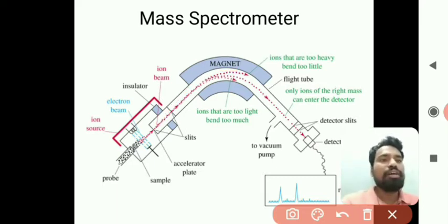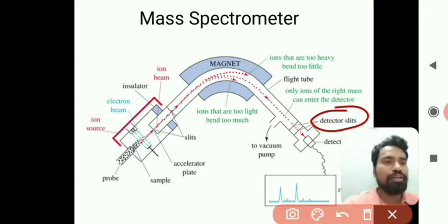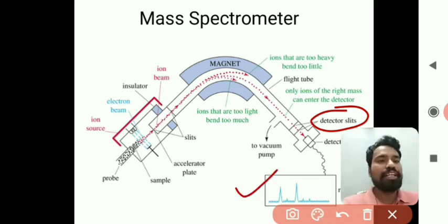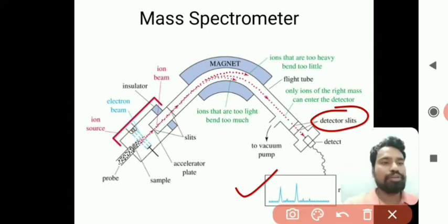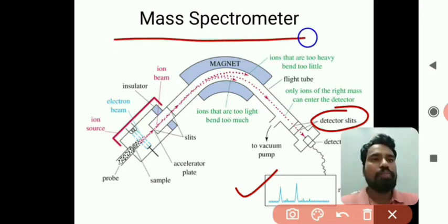Then the detector slits identify the different ions formed from the fragmentation of the molecular ion, which are detected, amplified and recorded as a spectrum based on their m by z values, that is, mass by charge values. This is the process that takes place in the mass spectrometer.